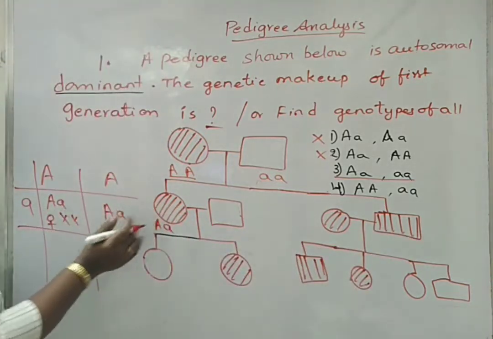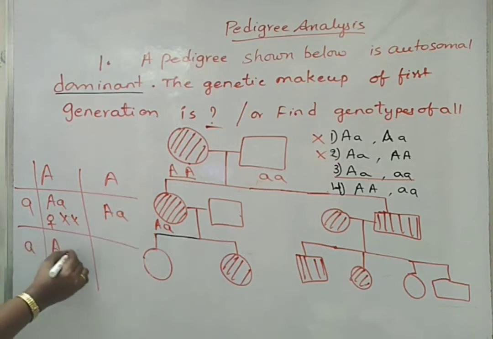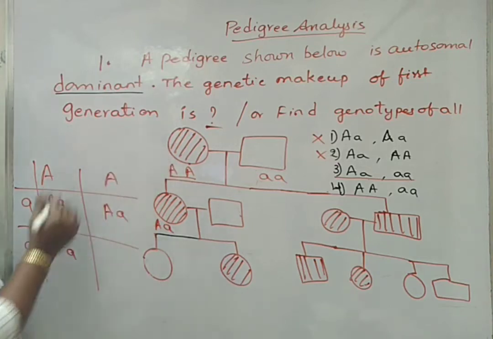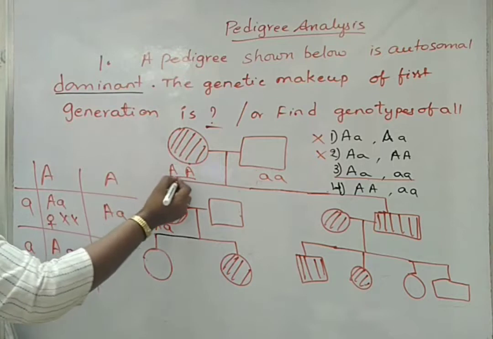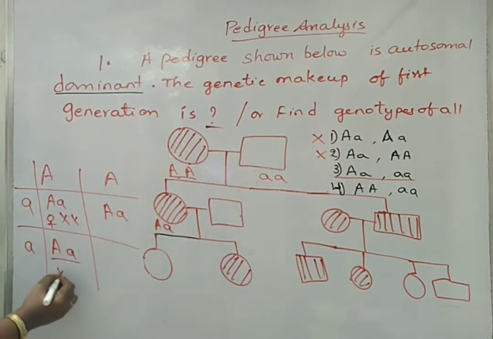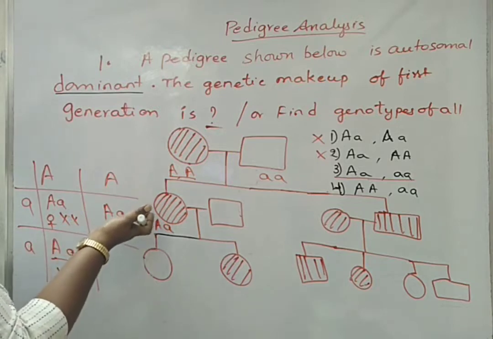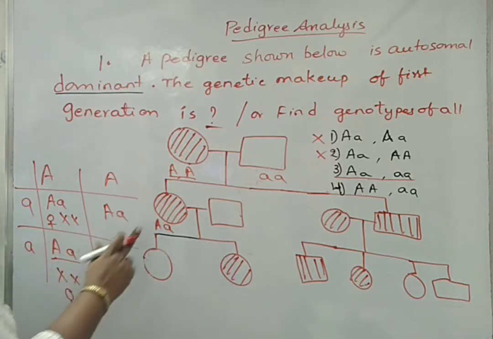But what about the female? The female is expressing the disease in the first generation only in the presence of two dominant alleles. But here, the female got only one dominant allele, and still the diagram shows the female expressing the disease.